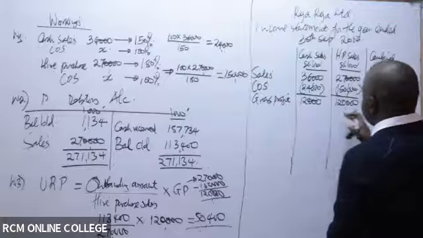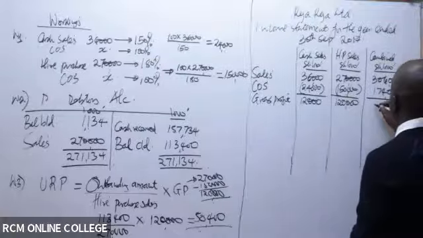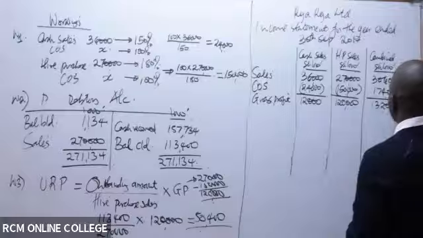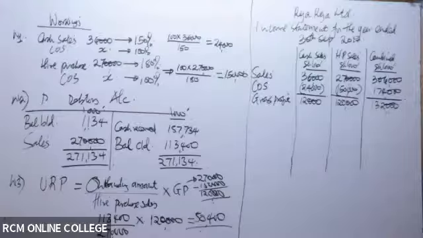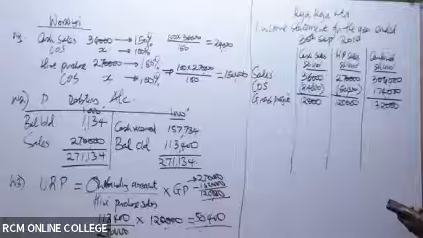Then this one is 132,000. So that will be the gross profit for the two. Then we can end up having to minus any other expenses.